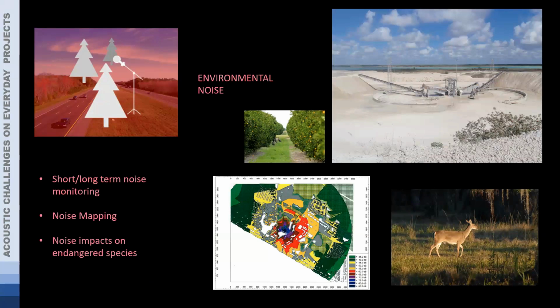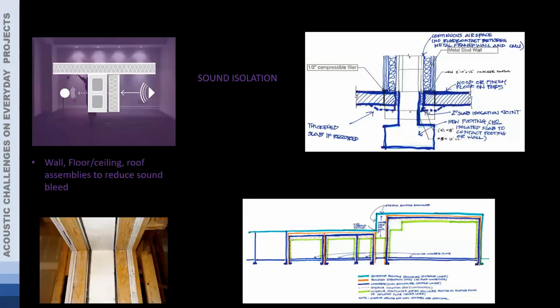We look at environmental design, taking acoustic measurements on the site so that we can document what the existing sound levels are, and building 3D noise maps, where we study what the sound sources are on our site, whether they are from our building or from the outside surrounding community, and propagate the sound levels across the facades of the building and into the community, so that we can study how our building and our environment is impacting or will impact the built environment.